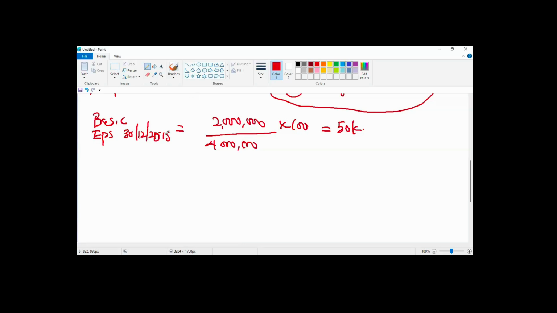So to calculate the diluted earnings per share, they say there are share options. Don't forget, share options are given to whom? Senior employees and directors of the organization, in order to align the interests of the shareholders with the directors.